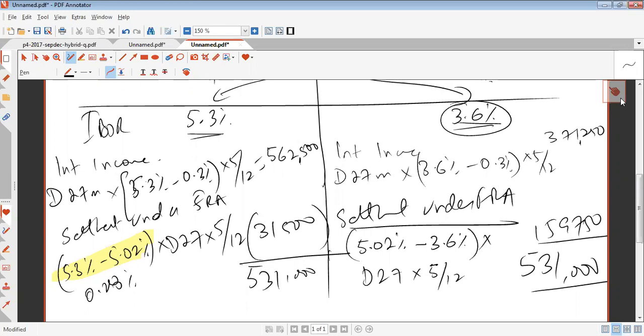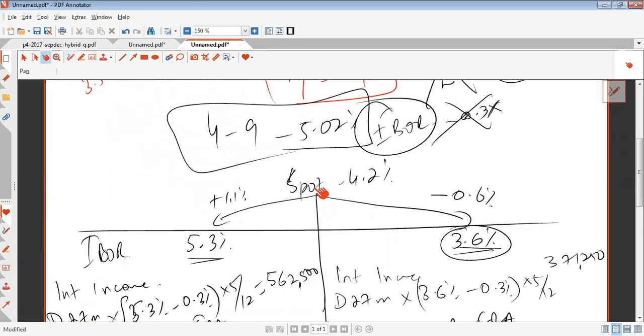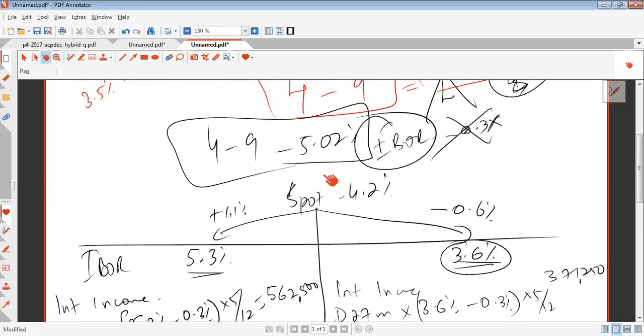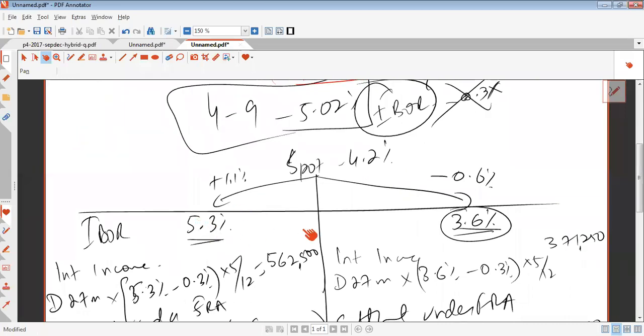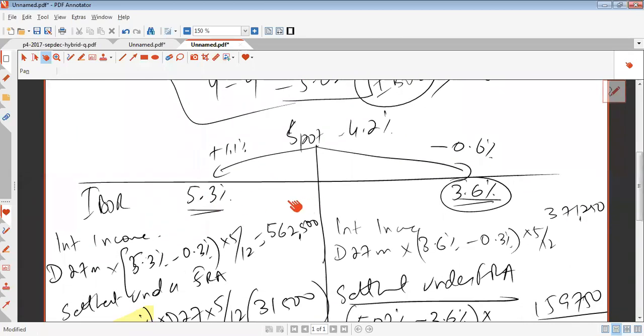So basically, you need to see what happens under the FRA contract, what exactly is the spot rate. The spot rate was 4.2%, and we need to create two scenarios, to see if the interest rates are going to increase or decrease. One of them is where the interest rates increase by 1.1%.